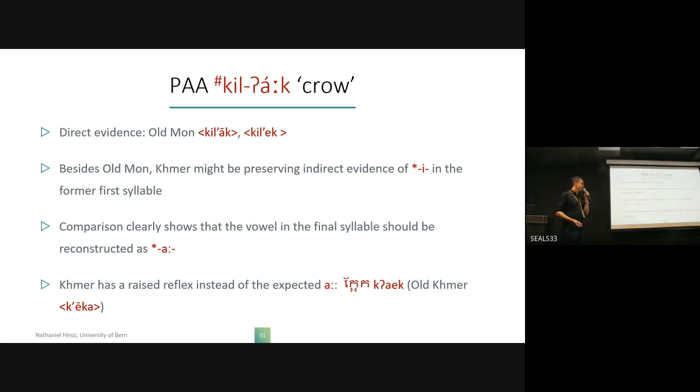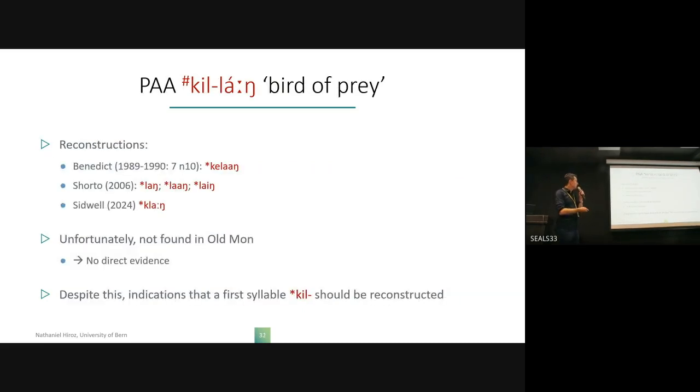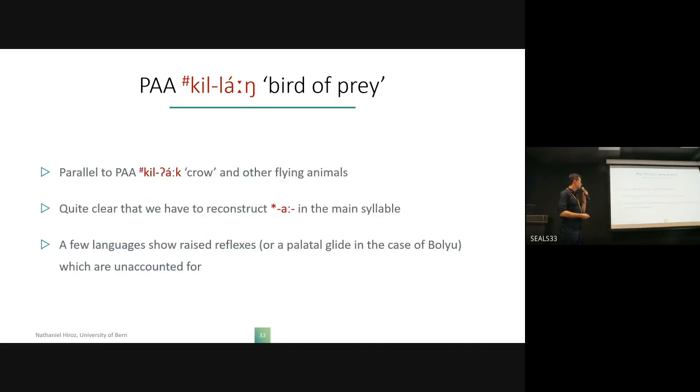So modern Khmer has a raised vowel, but it would have been *ke in Old Khmer, and I think this raising is unaccounted for. Now, if we look at the next bird, unfortunately, it's not found in Old Mon, so we don't have direct evidence, but I still think we have indications for this first syllable, that we can draw a parallel with *kəlaːk and also other birds and flying animals that I will discuss in a while.